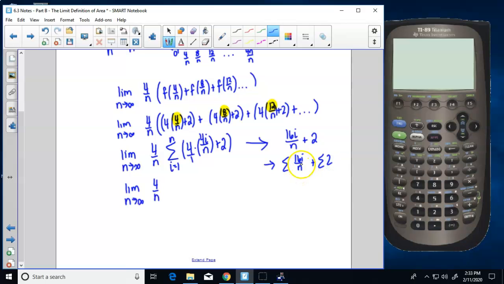Okay, so if I do that for this part, I'll get 16 over n times the sum from 1 to n of i, plus the sum from 1 to n of 2.